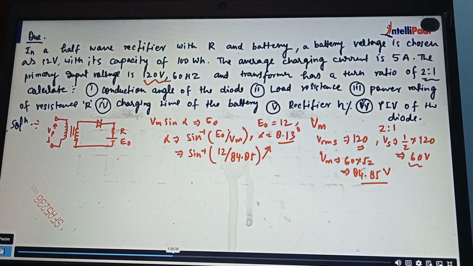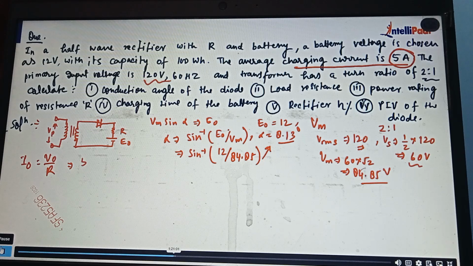Now calculate the load resistance. So for calculating load resistance, what is the requirement? To calculate R, I naught is V naught by R. And you can see the average charging current that is given, 5 ampere.